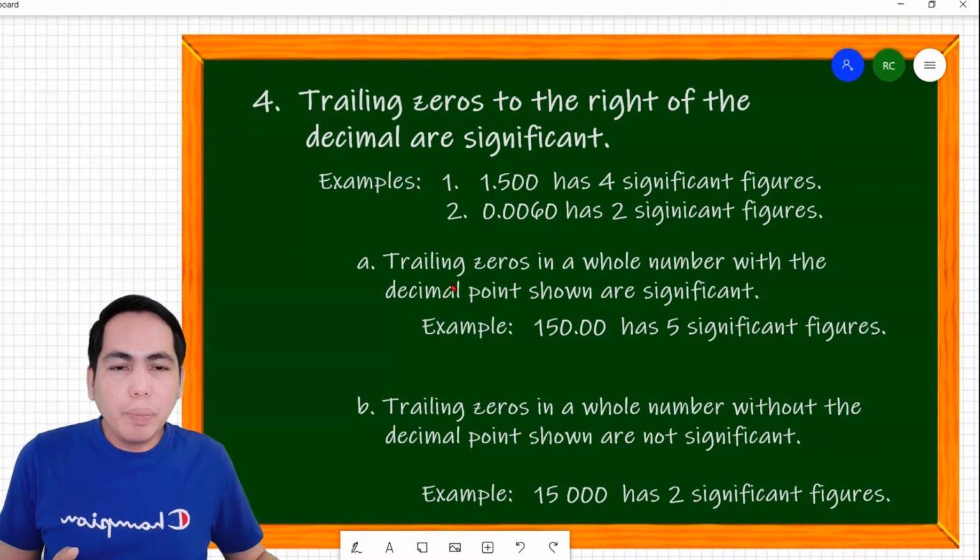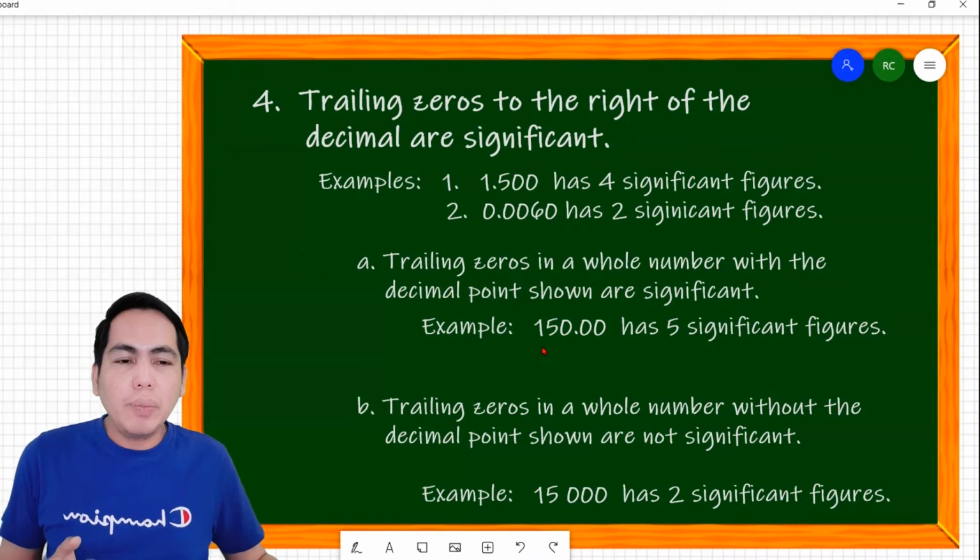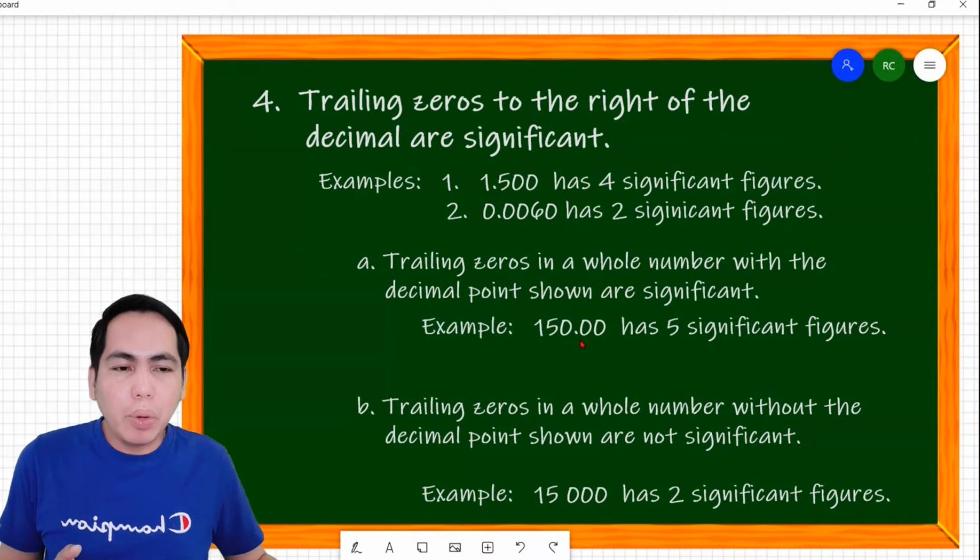Next, under rule number 4, we have here rule number 4a, trailing zeros in a whole number with decimal point shown are significant. So if you have 150.00, this number has 5 significant figures because these 3 zeros are also significant.